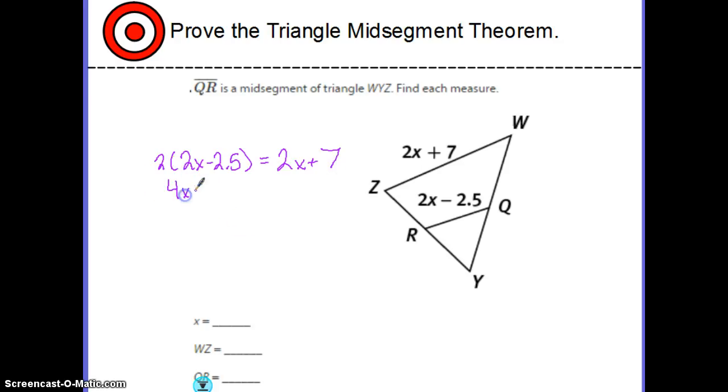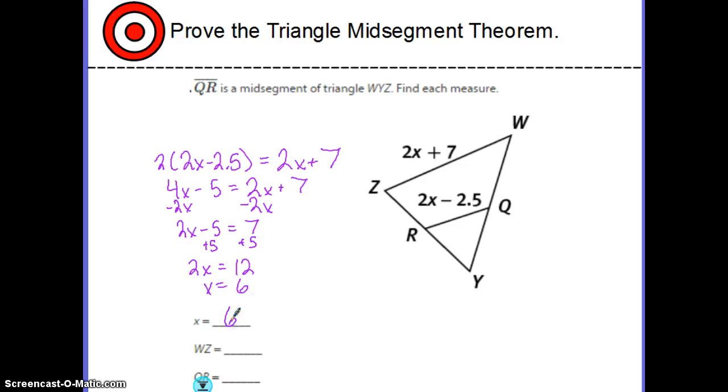So that would be 4x minus 5 equals 2x plus 7. Let's take care of these x's first. So this will be 2x minus 5 equals 7. Add 5 to both sides. We get 12. So that leaves us with x equals 6.